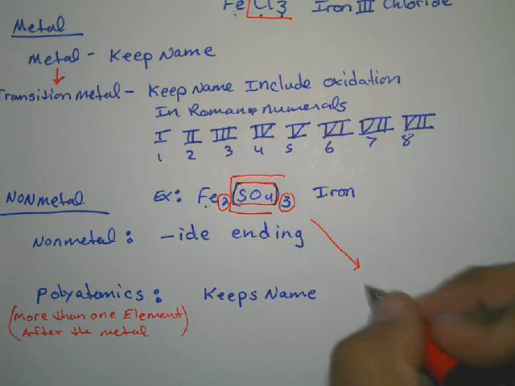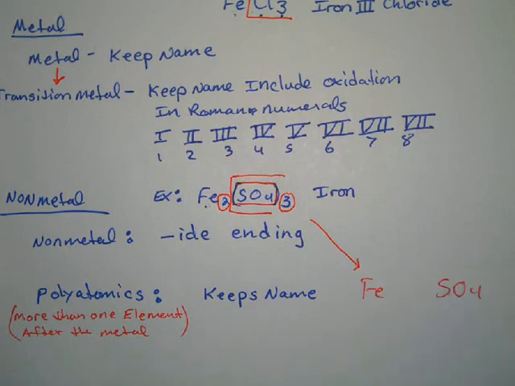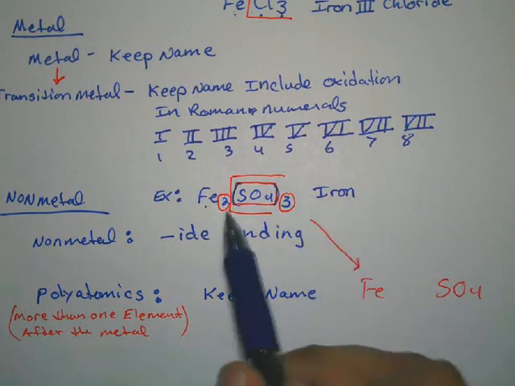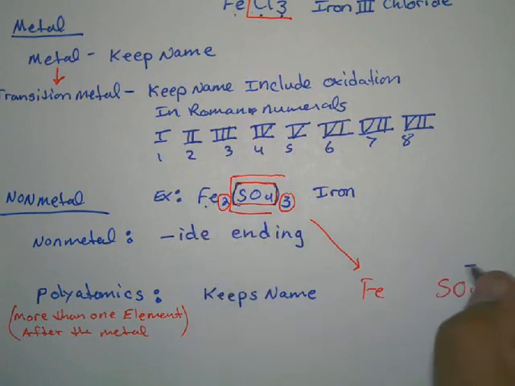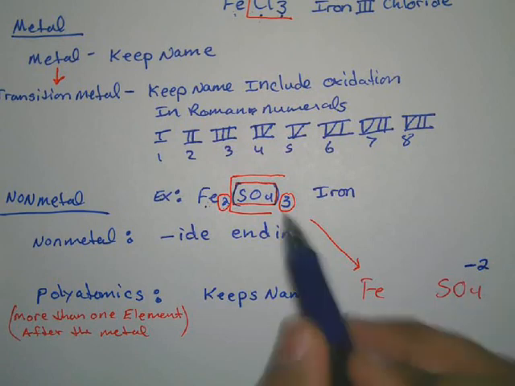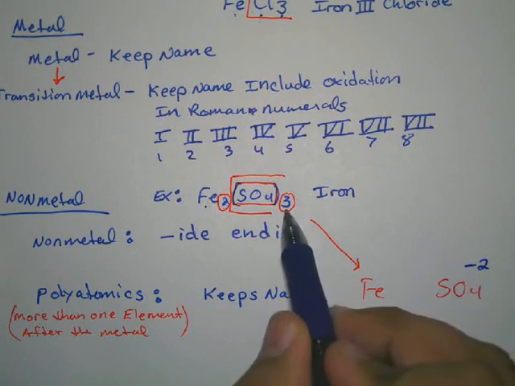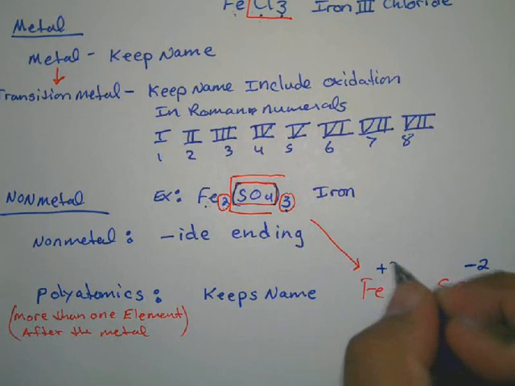We had Fe and SO4 trying to hook up, right? These are the two guys hooking up. Well, when we swapped and dropped, we switched numbers. I can see that this 2 was given to Fe. So I know that this sulfate is a -2. And this 3 was given to the sulfate, so I know that he is +3. I undo the swap and drop.